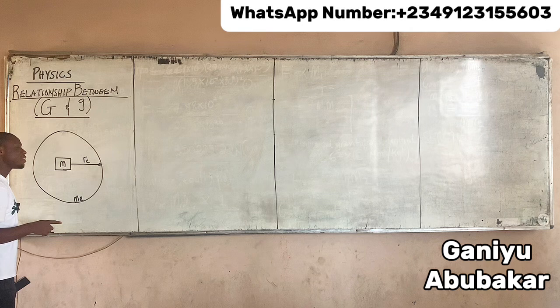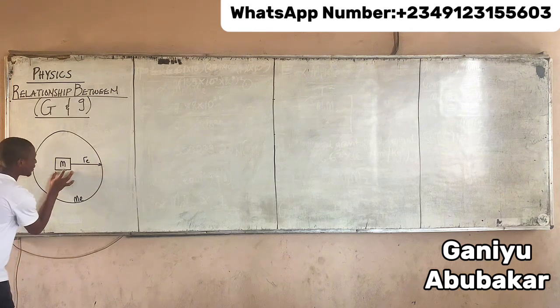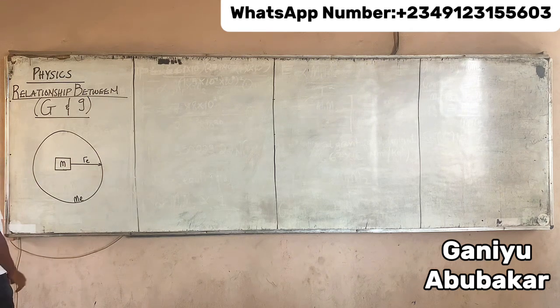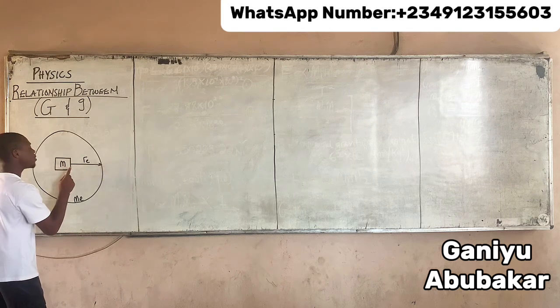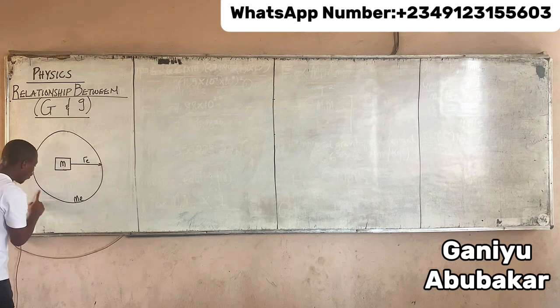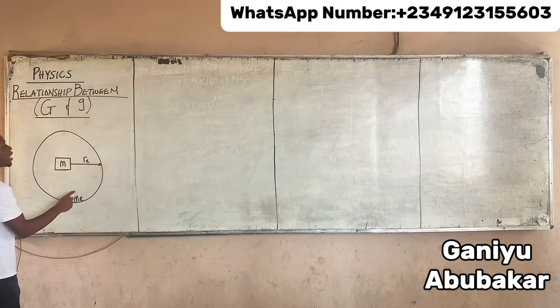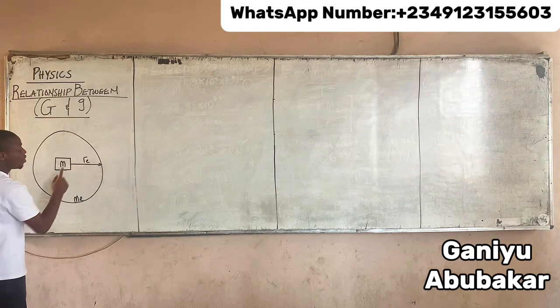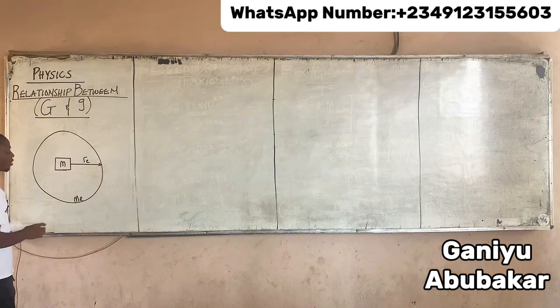So I'm saying that if I place a mass at the center of the Earth, and the distance from the mass to any part of the circumference of a circle is known as what? Radius of Earth. And the mass of the Earth is given as ME.